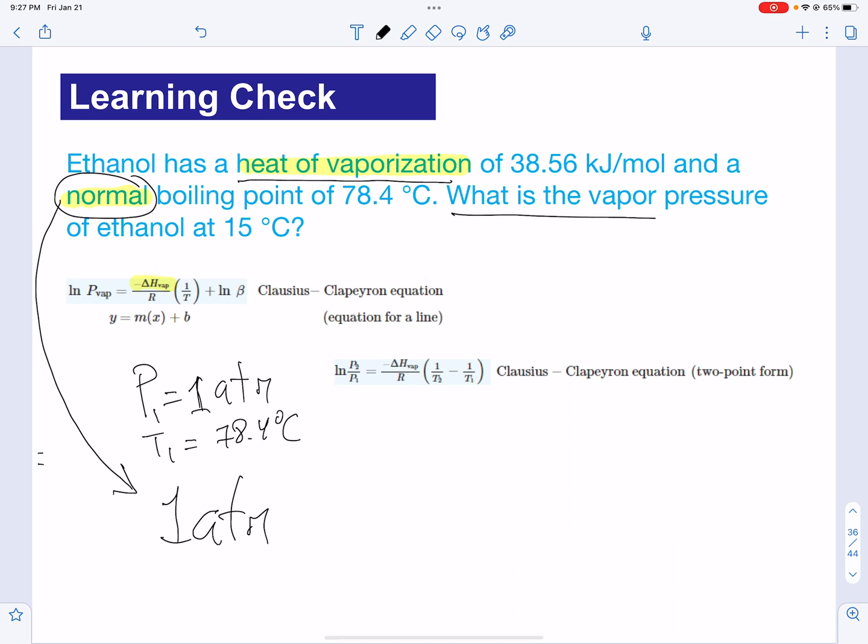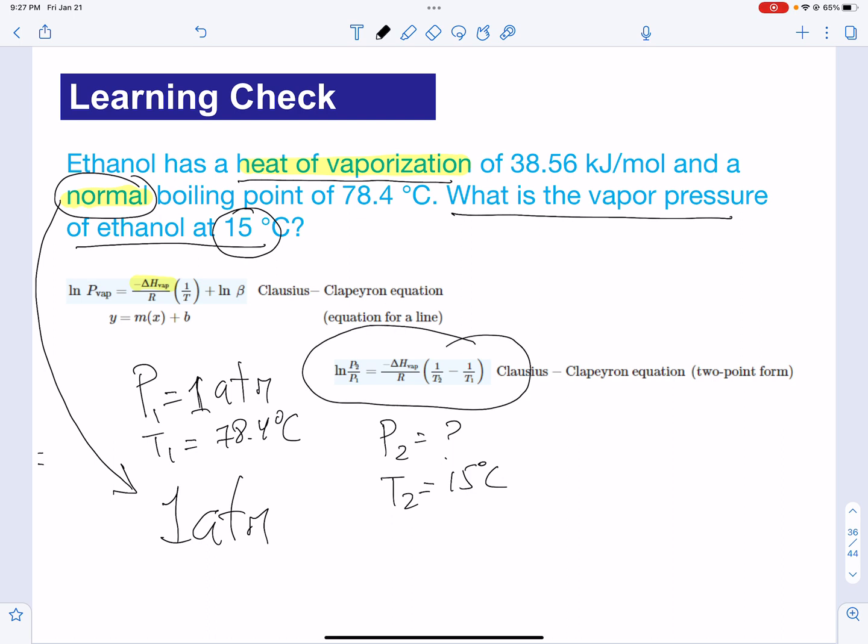What is the vapor pressure of ethanol at 15 degrees Celsius? So what would be the next pressure when the temperature equals 15 degrees Celsius? Obviously, this data is offering us 2 data points, which means we are going to be using this formula.